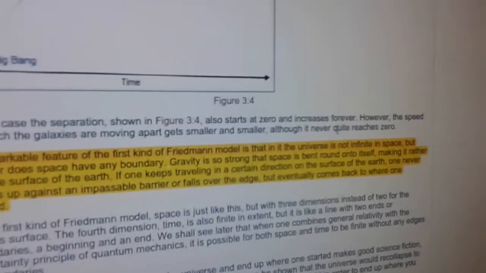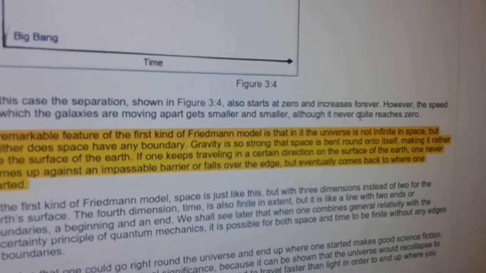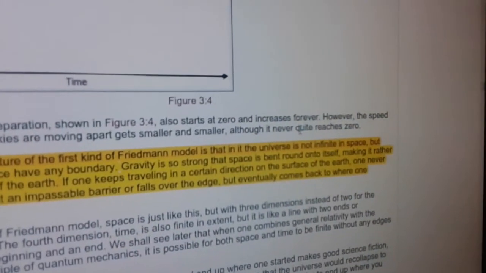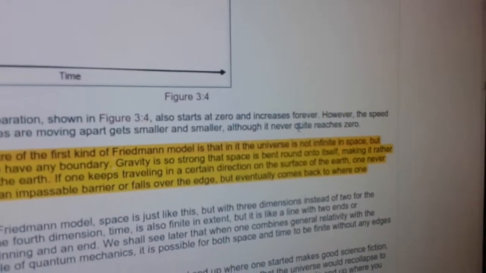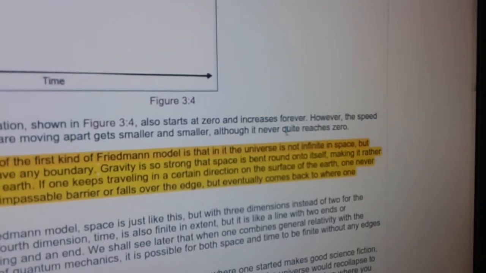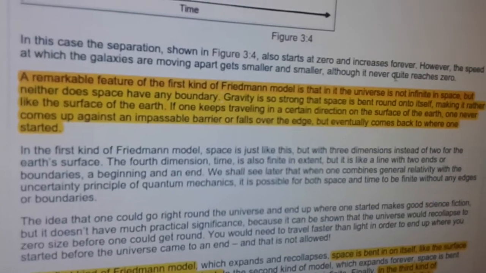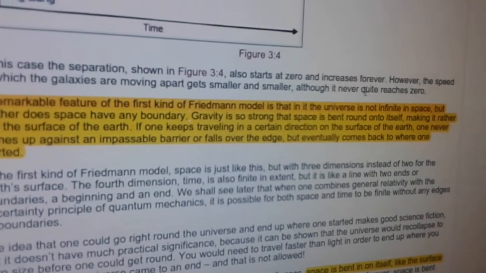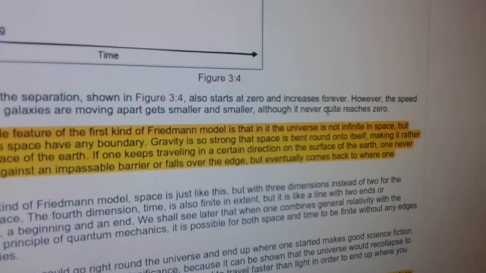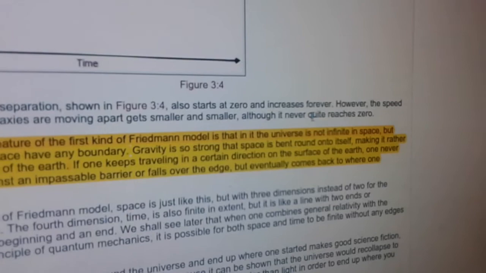Okay, don't think about the Friedman model, just think about the idea. So in this model, the universe is not infinite in space, but neither does space have any boundary. Gravity is so strong that space is bent round onto itself.